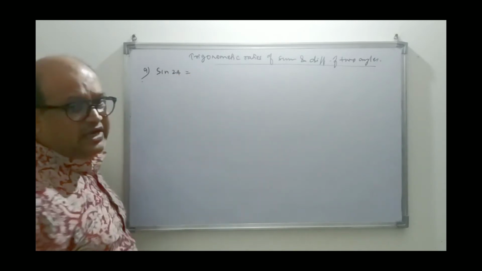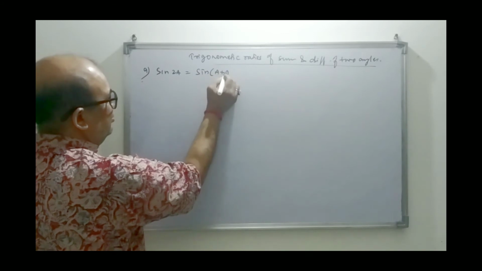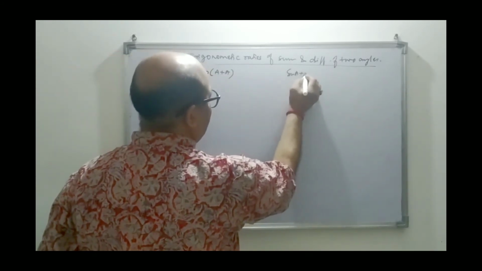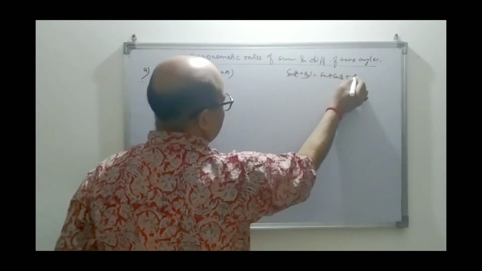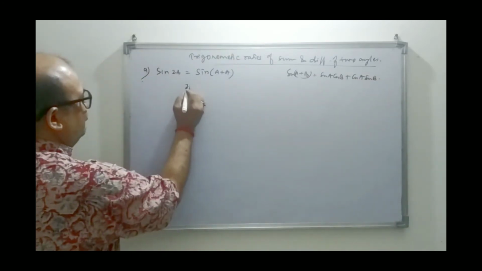Sin 2A can be written as sin(A plus A). Now we know, I told you, remember one identity: sin(A plus B) equals sin A cos B plus cos A sin B. Put it here. What I get?